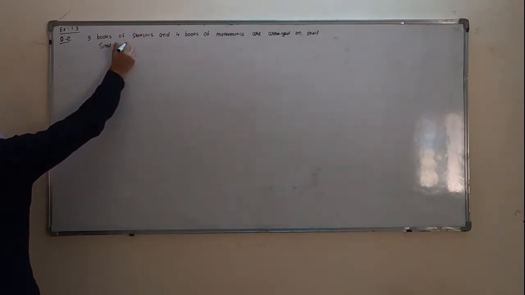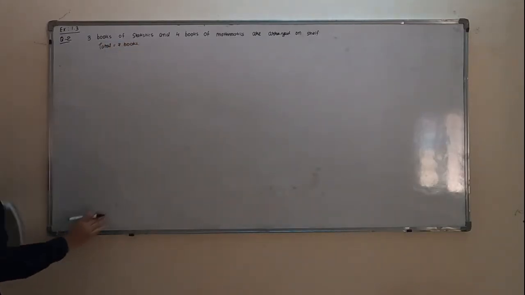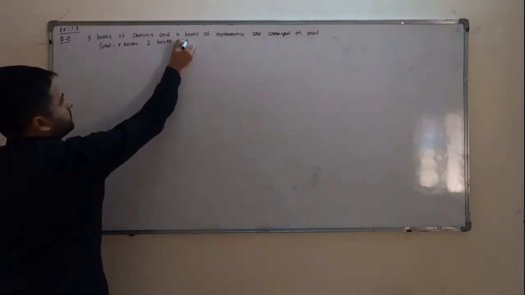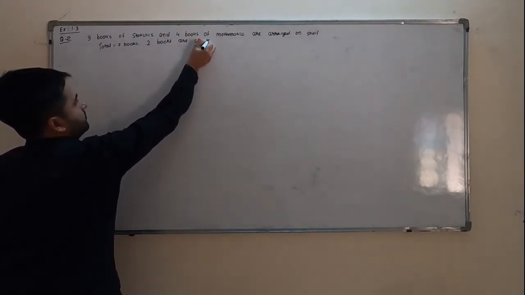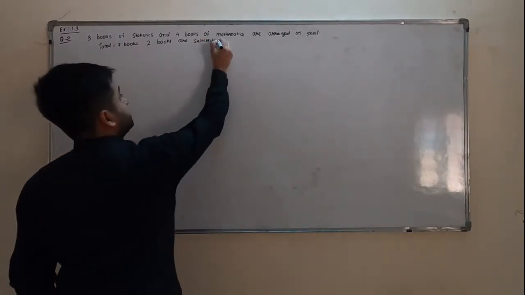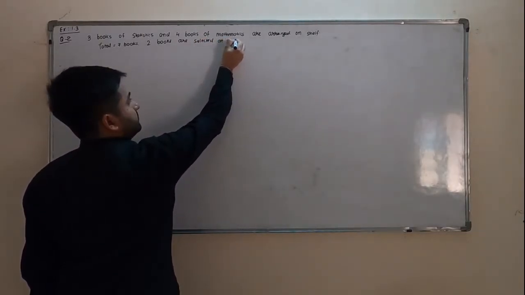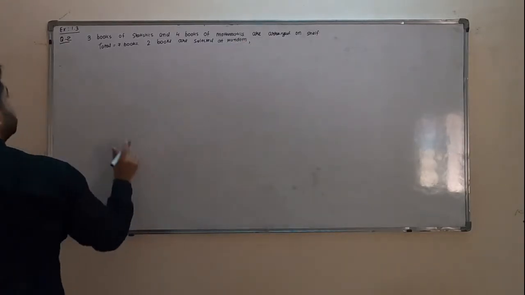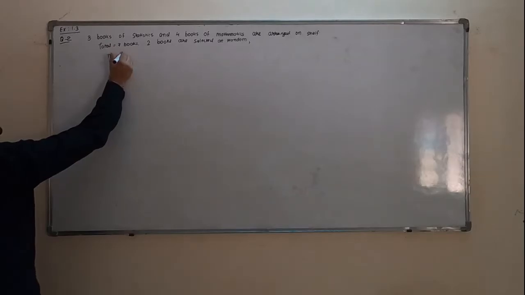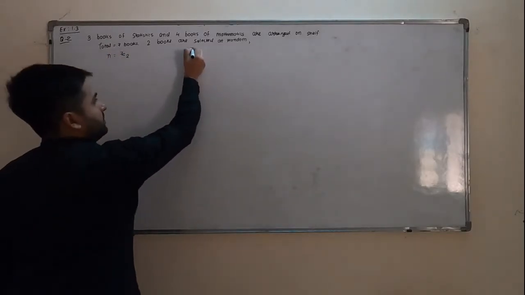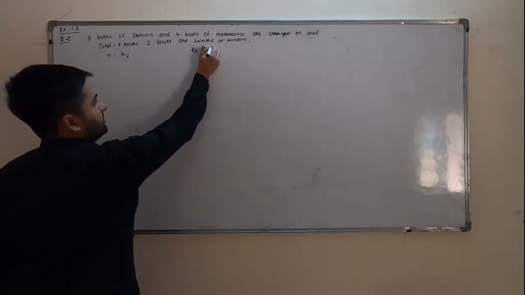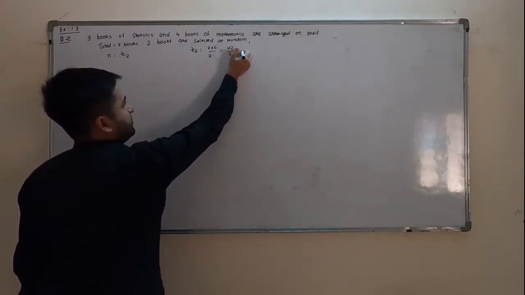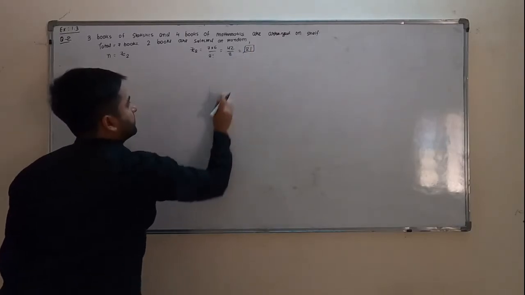Total 7 books. 2 books are selected at random, n is equals to 7C2. 7C2 is equals to 7 into 6 upon 2 factorial, 42 by 2, 21.